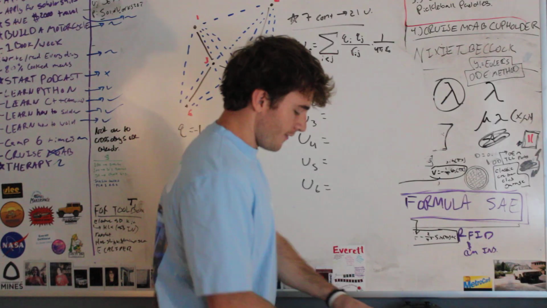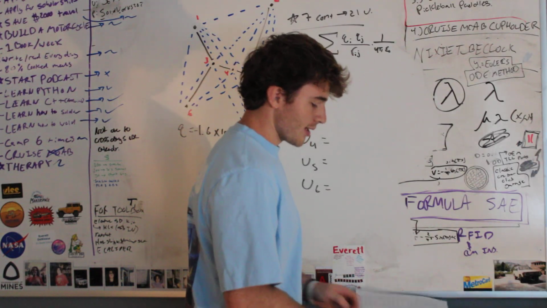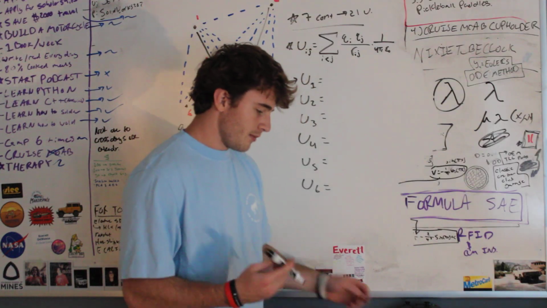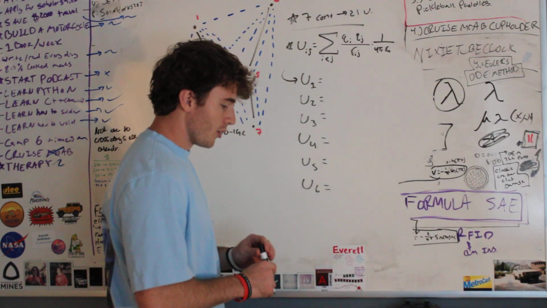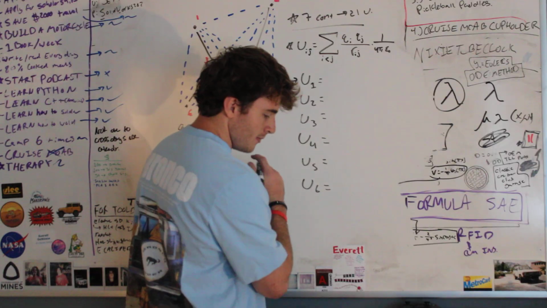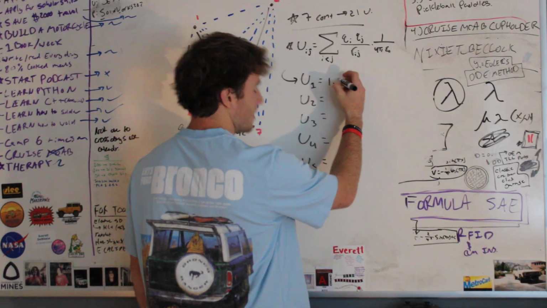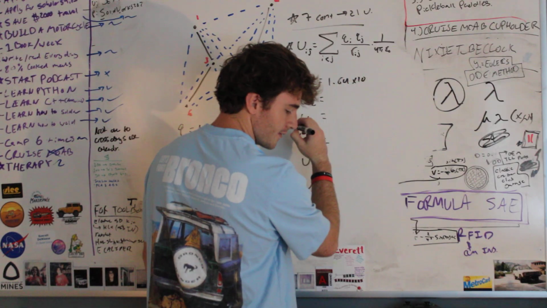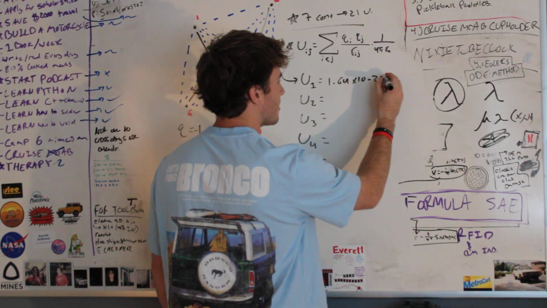Ultimately, for the sum, I did a lot of distance calculations just using the Pythagorean theorem. So for my U total for 1, I ended up getting 1.64 times 10 to the negative 28th joules.